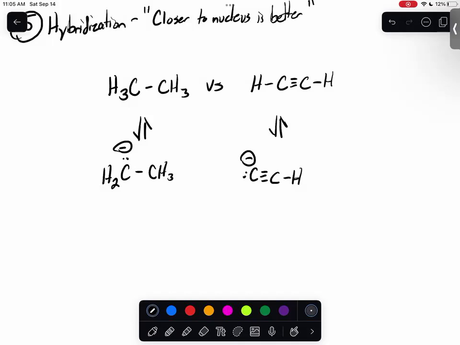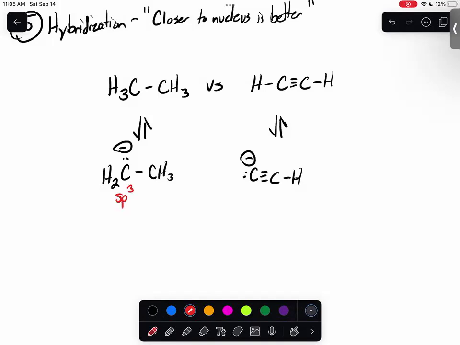The reason we know that is because if we look at the difference between these two molecules, they have the exact same electronegativity, exact same size. There is no difference in resonance between the two. There is no difference in atoms that are connected to each atom, which means there's only one option, and that is hybridization.